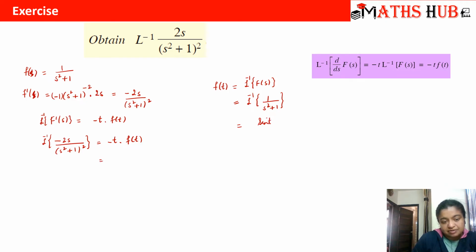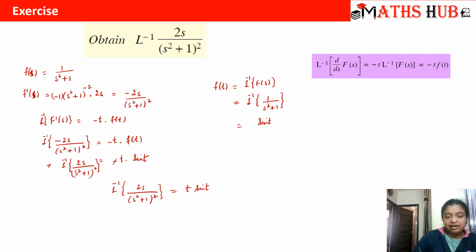So this becomes minus t into sin t. So I can take this negative sign out. I'll get Laplace inverse of 2s upon (s square plus 1) whole square is minus t sin t. So the minus sign gets cancelled and we get Laplace inverse of 2s upon (s square plus 1) whole square equal to t into sin t.